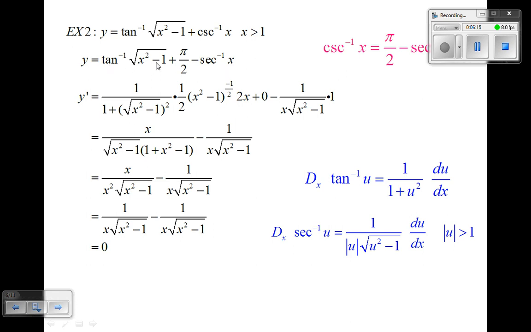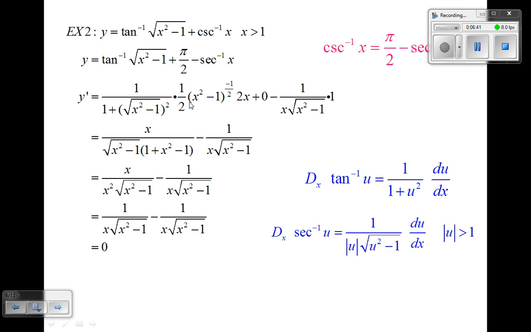So derivative of tan inverse, I went ahead and wrote my formulas down again for you. So derivative of tan inverse of u is 1 over 1 plus u squared. In this case, the u is square root of x squared minus 1. So again, my derivative will be 1 over 1 plus that whole angle thing squared. And then this du dx, I have to do the chain rule, so figure out what the derivative of u is.